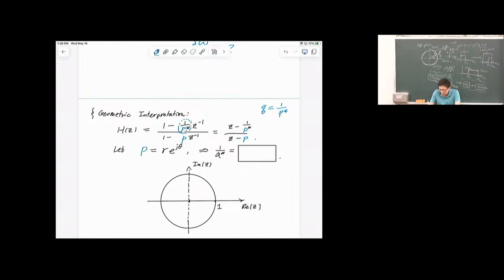Let's have a polar representation for p, with radius r at e to the j theta, theta being the angle. Let me refer to my cheat sheet.